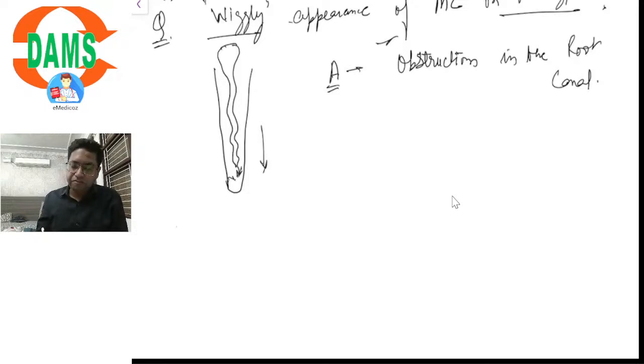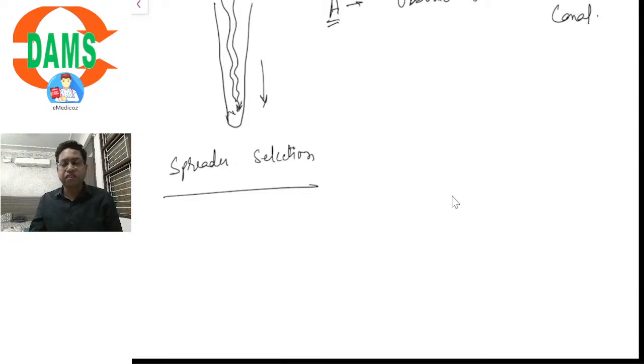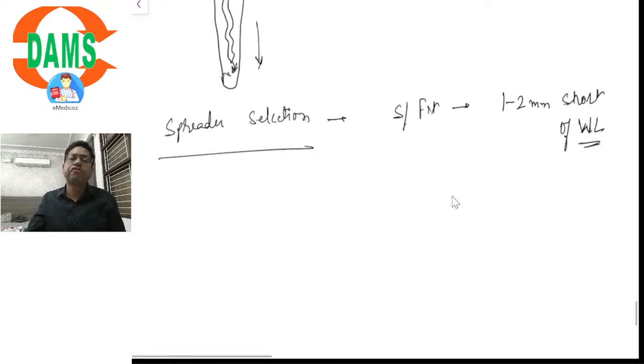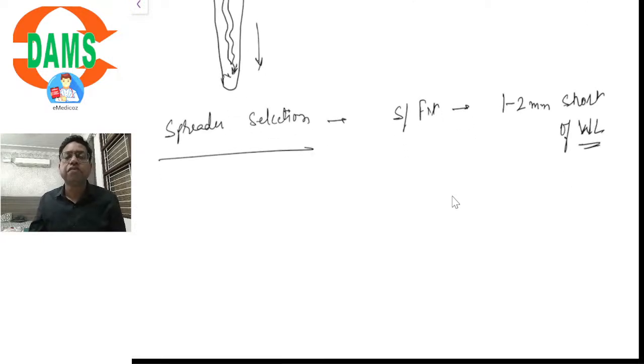Okay. Then spreader selection. After master cone selection, we take the spreader selection. Spreader should fit. We have to select a spreader which should fit 1 to 2 millimeters short of working length. The spreader should not reach the working length, but it should fit 1 to 2 millimeters short of working length.